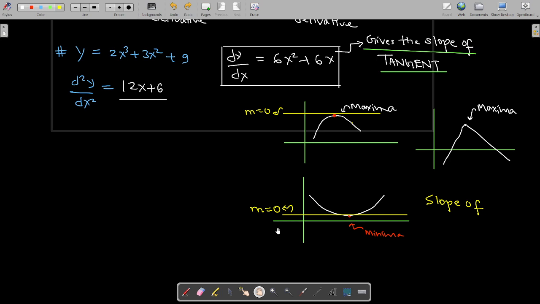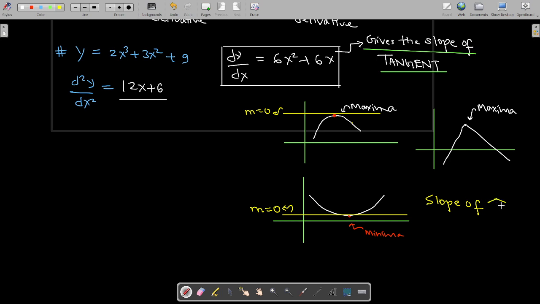Let's first discuss just the first order derivative now. At the points of maxima and minima, the slope of the tangent is 0. Do you understand this point or not? Only then we can move ahead. One more time, can you repeat?